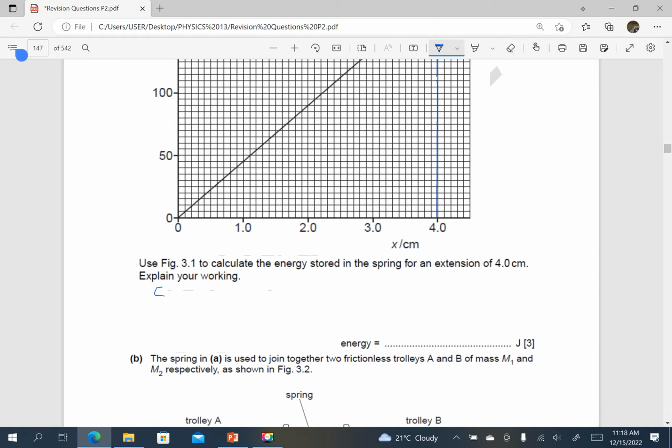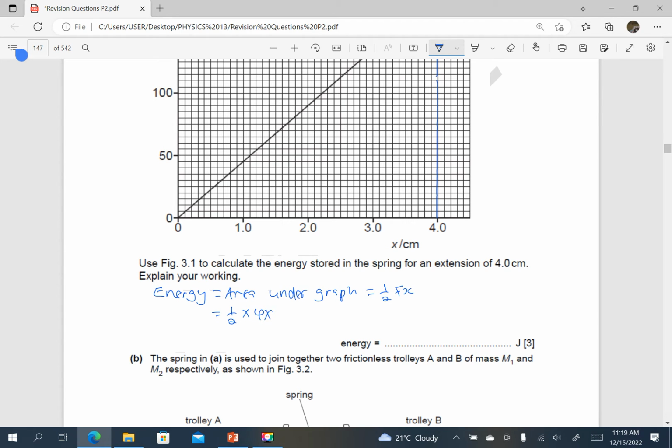So energy from dynamics, deformation of solids, energy is equal to the area under the graph. The area under the graph, or you can use a half F times X. So energy is going to be a half times X, which is 4 centimeters.